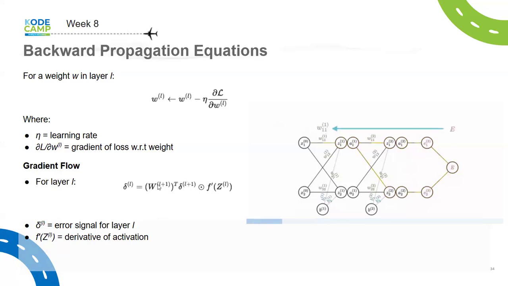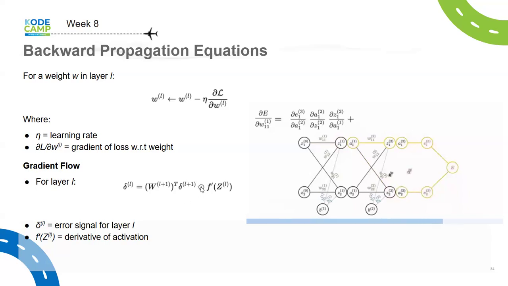So you are taking the weight of the layer ahead. You transpose it, then you multiply by the error, which is essentially the cost of the layer ahead as well. And then you have a product of that with the gradient of the activation function.